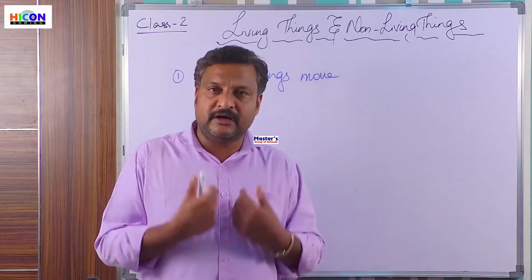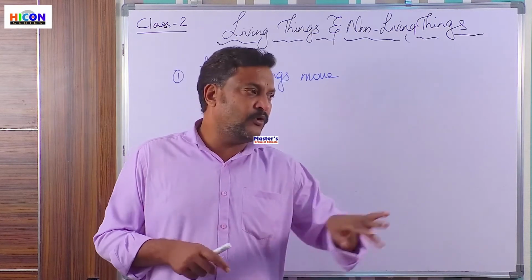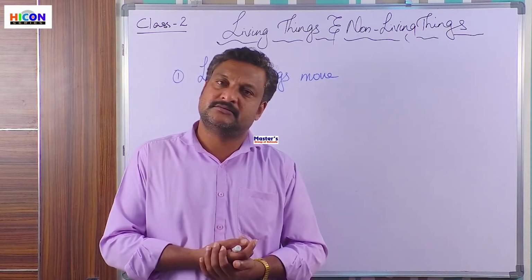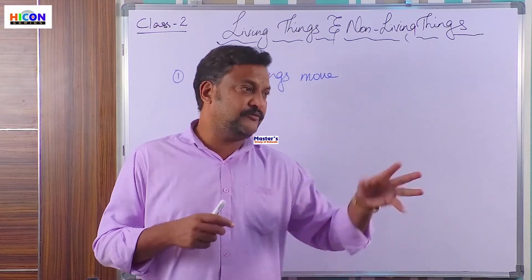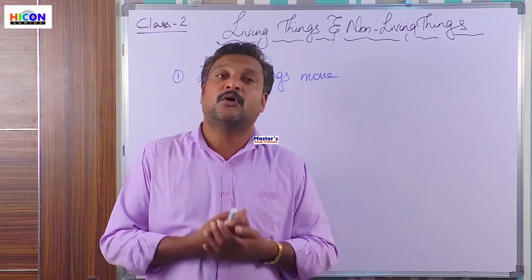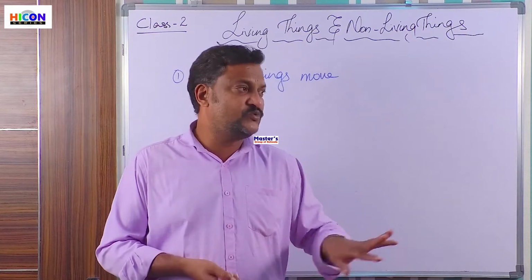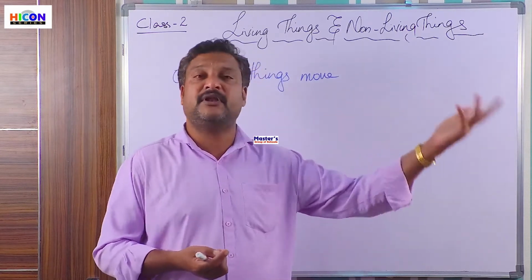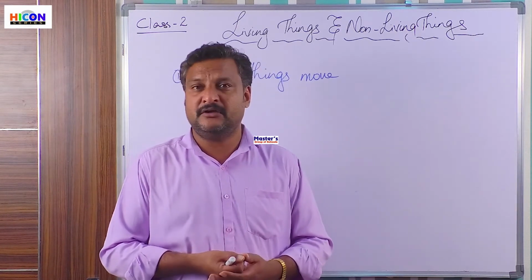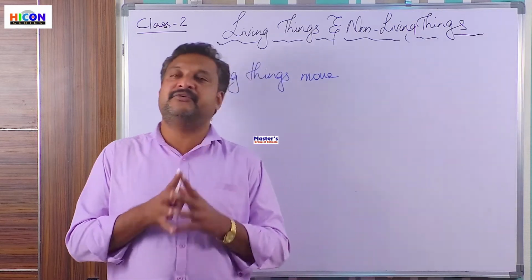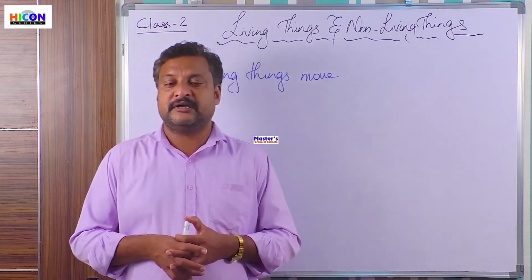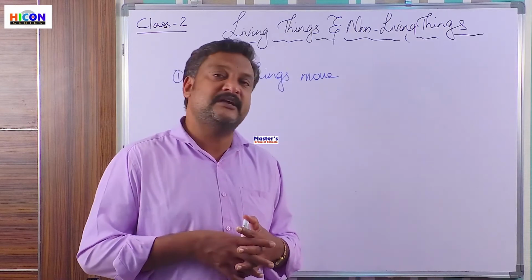For example, we are living things. We can walk from one place to other. Animals can run from one place to other. Water animals can swim. Birds can fly. Okay. So all the living things in the world can move from one place to other.